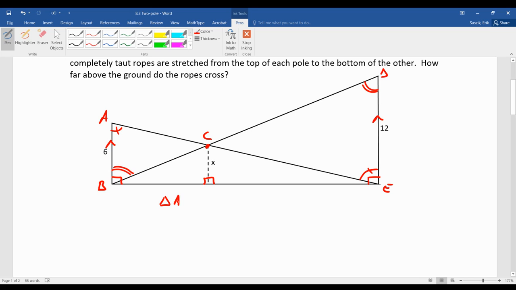So triangle ABC is similar to triangle DEC. Okay? And obviously, AB corresponds to DE, so sides are in the ratio of 6 to 12, or 1 to 2.